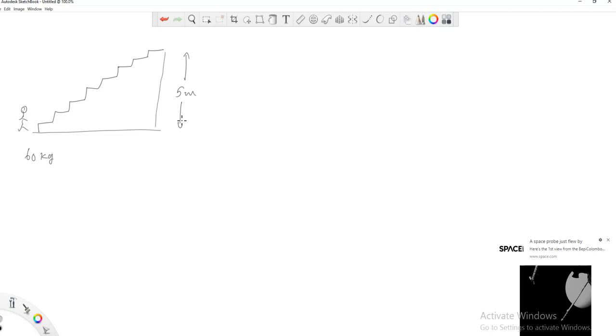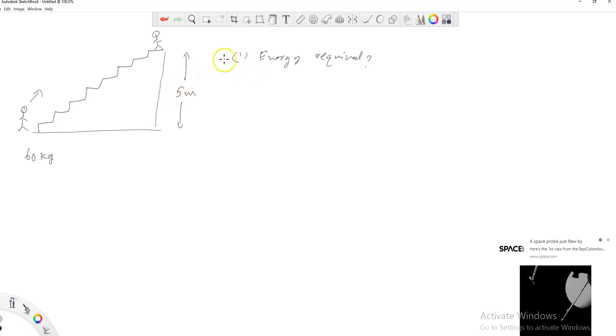So he's going to run up the steps, right? So at the end he will be over here. So question number 1, the amount of work or energy required. So let's try that. How much energy does he need?